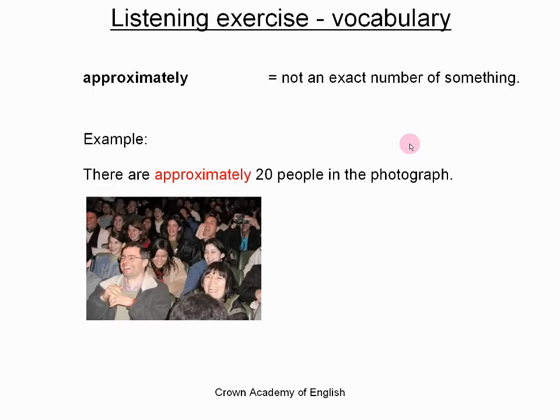We estimate the number. Okay? So maybe there are 25 people in the photograph. Maybe there are 17 people in the photograph. We are not sure. So we say there are approximately 20 people in the photograph.